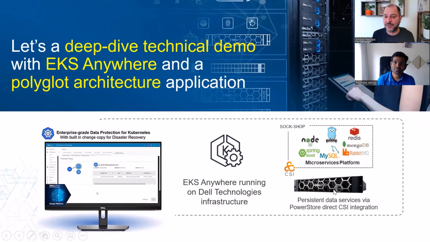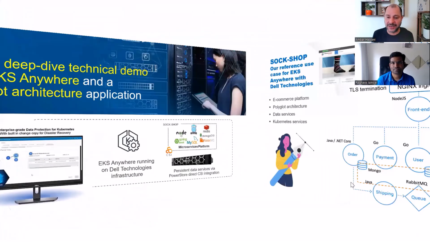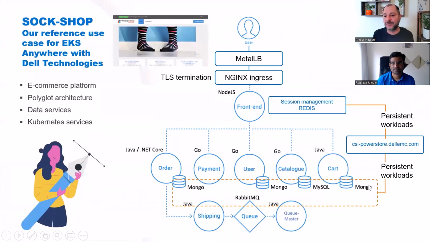The underlying persistent storage is from Dell PowerStore, like you see. And just to recap what's going on in SockShop, you can see that there are various microservices. Plus, there are various databases and data services running, and all these are persisted on PowerStore through the CSI drivers, right?